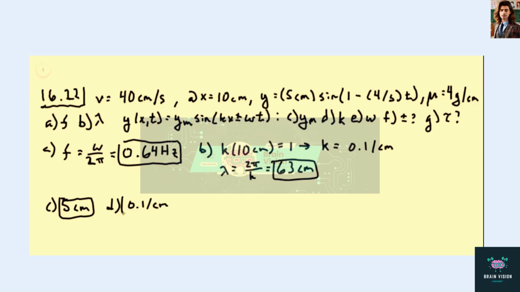The angular frequency also is 4 radians per second, just matching up the variable names in here with what appears in the expression we're given.